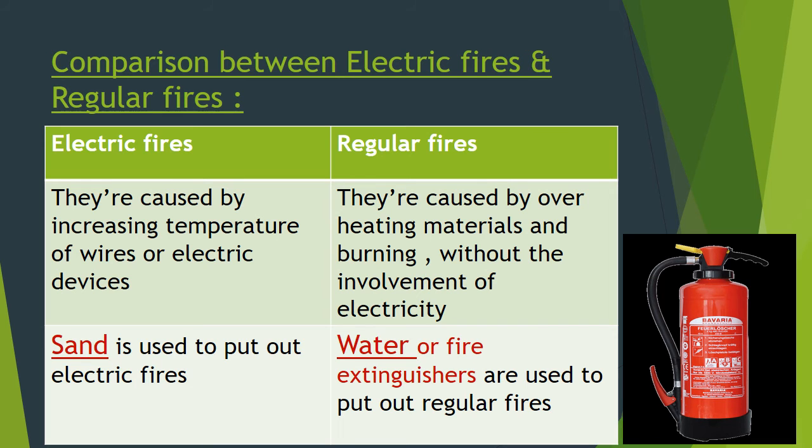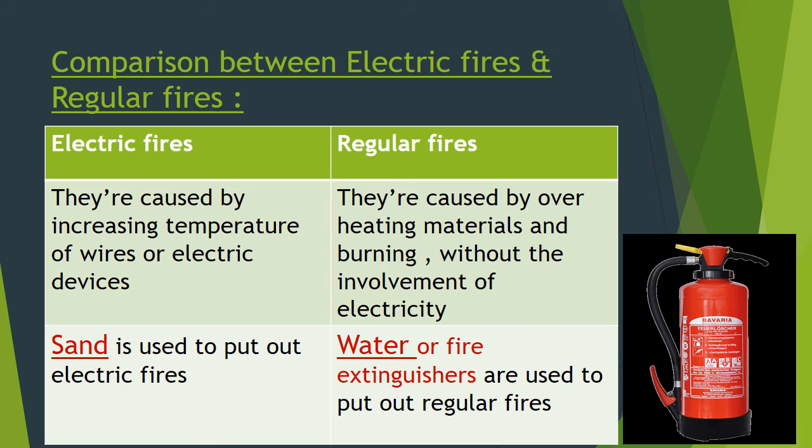Now, let's take a quick comparison between electric fires and regular fires, and it's very important. Electric fires, we have said that they are caused by the increasing temperature of wires or electric machines or devices. Okay, we know it. So they are caused by increasing temperature of wires or electric devices or machines.